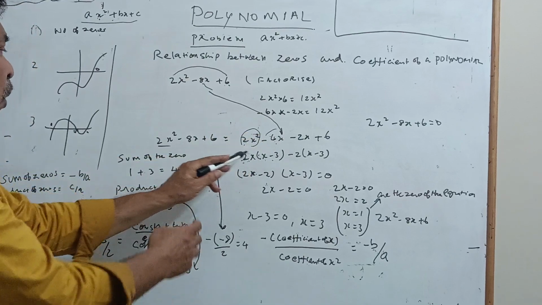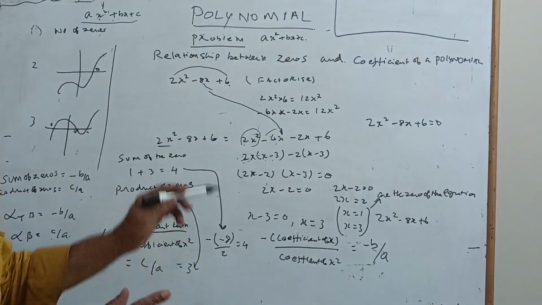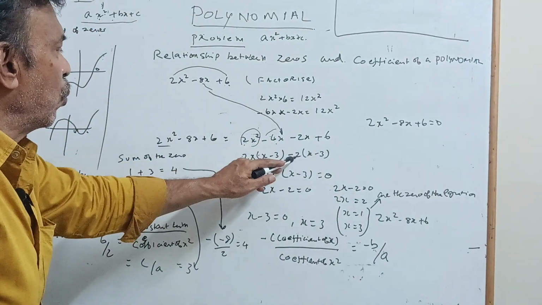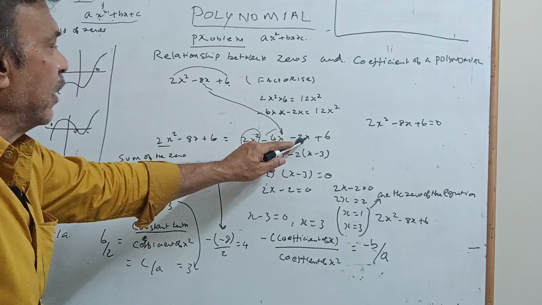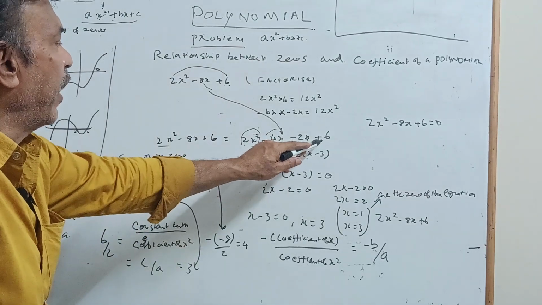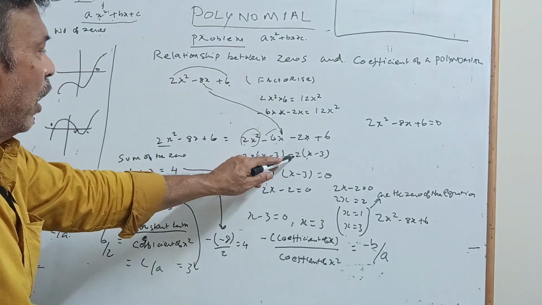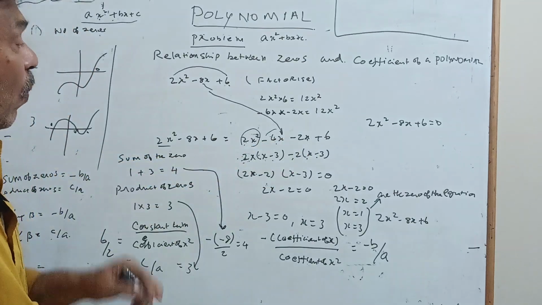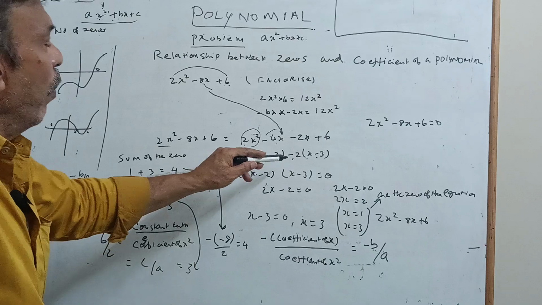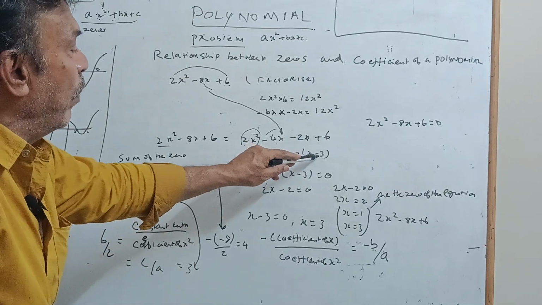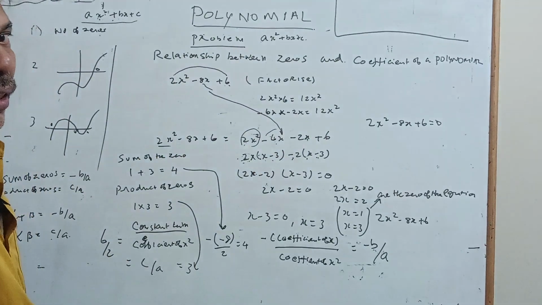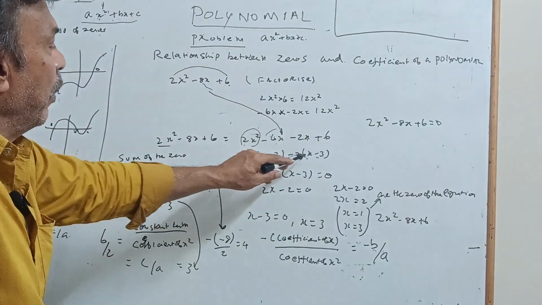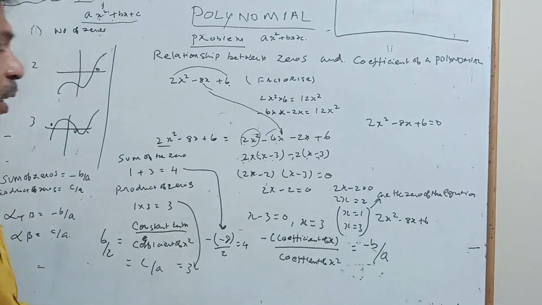Likewise, here I am taking the minus 2 outside. So the x comes here. Since I have taken minus 2 out, this plus 6 becomes minus 3. Why? Because minus 2 into minus 3 becomes plus 6. You got the point. That is why I have written minus 3.